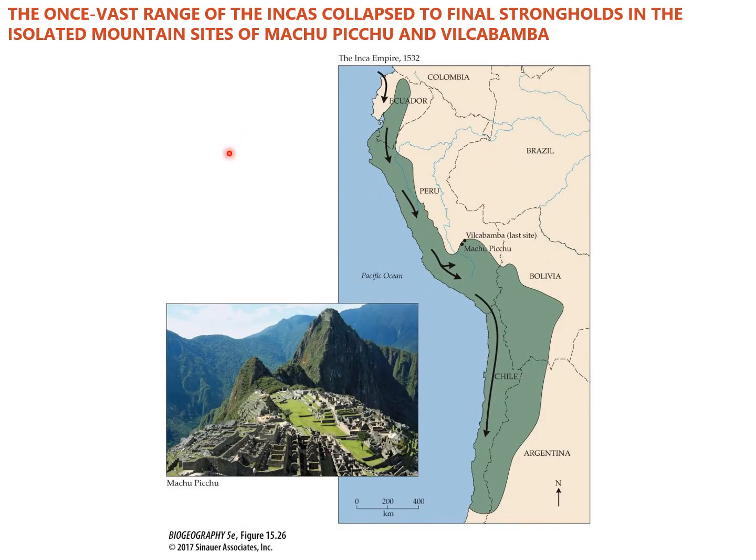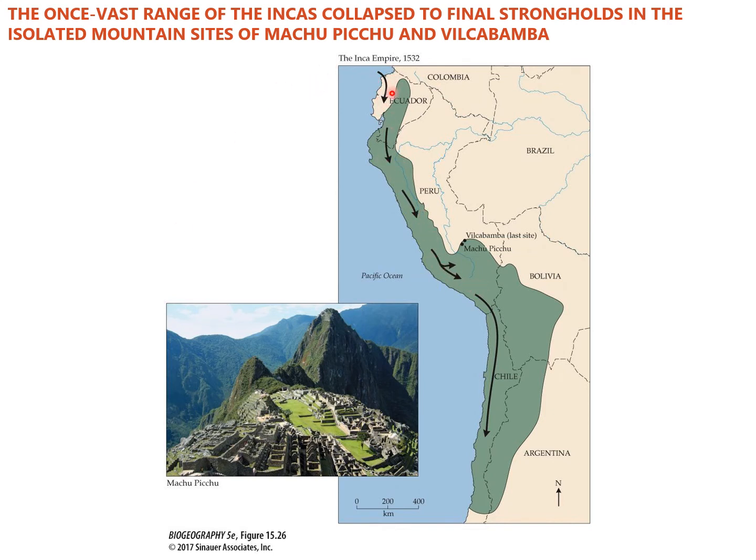And actually, range collapse is something that happens with humans too. A good example of this is the once vast range of the Inca Empire, which collapsed to its final strongholds that were isolated in mountain sites of Machu Picchu and Vilcabamba, in response to the Spanish conquistadors making their way through these areas.